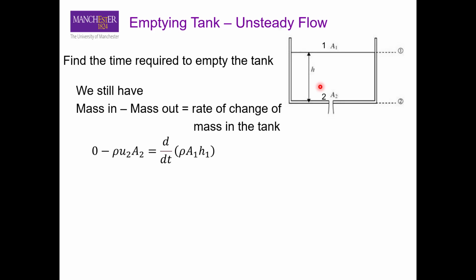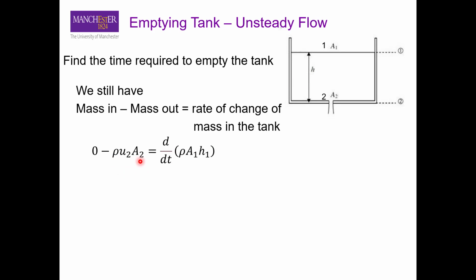If that is the case, we have to again start with the generalized mass conservation equation. That is mass in minus mass out equal to the rate of change of mass in the tank. Okay, we have mass in 0 because there is nothing feeding into the tank.